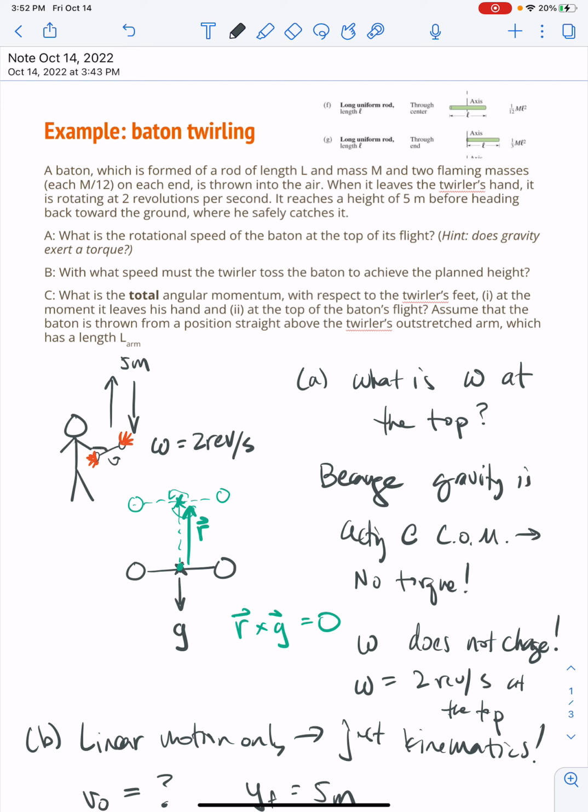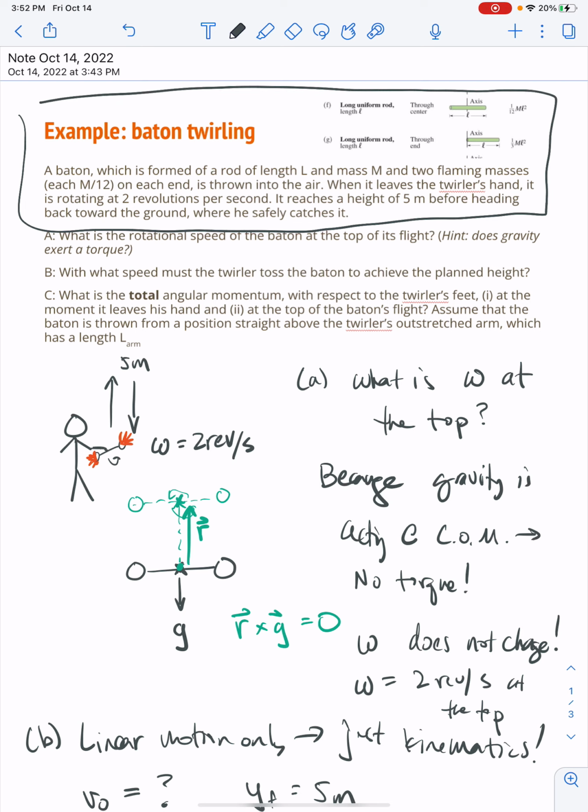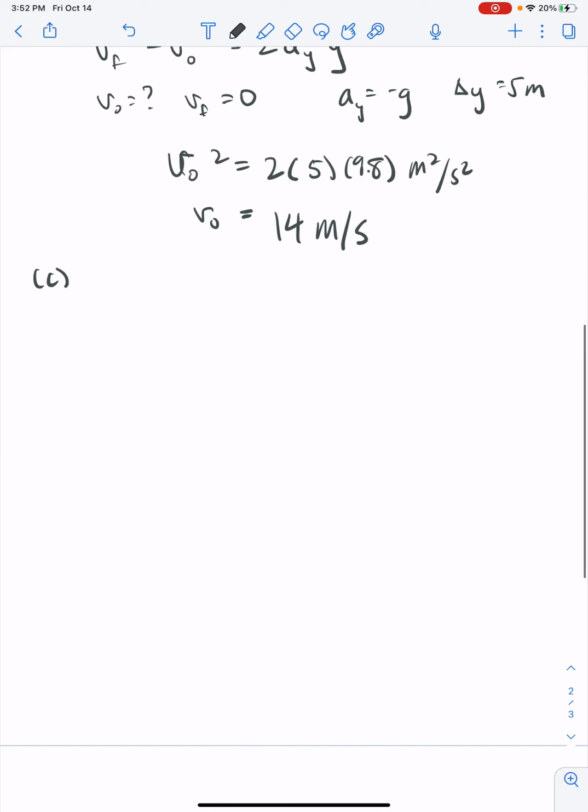And I've also given you some information here about the baton and its mass and the mass of the other things. Okay. All right. So I'm going to draw the picture again here. And then I'm going to give you a moment to pause it and try to calculate this yourself. Okay. So this is our picture initially.